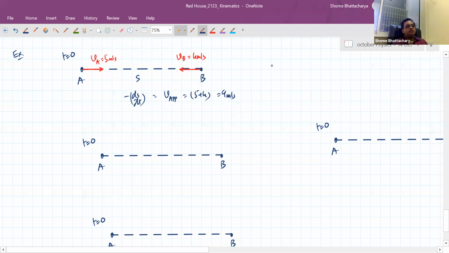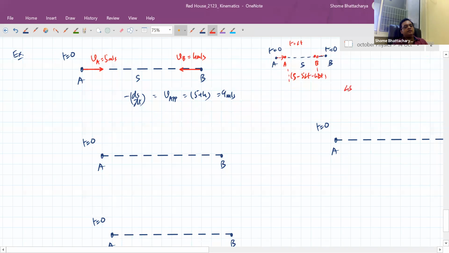Okay. Now this is very easy to justify, because at t equal to 0, A and B are located like this, at a distance of s. Now at some time t equal to delta t, A would have shifted to some position like this, and B would have shifted to some position like this. So the distance between them would have decreased by how much? It would have decreased by 5 delta t and 4 delta t from this side.